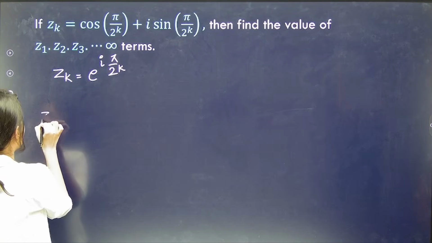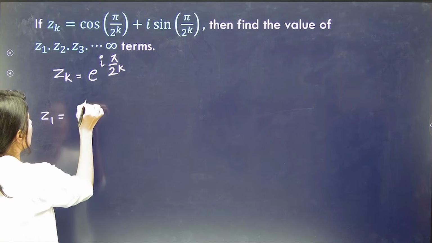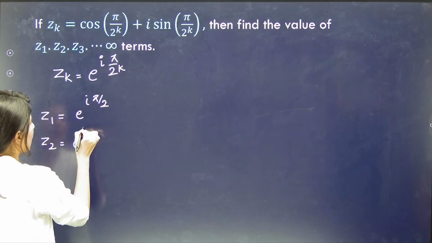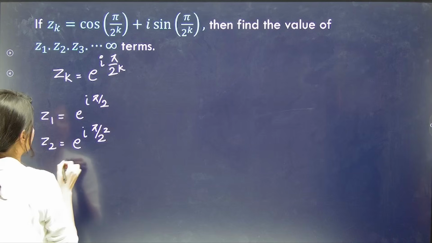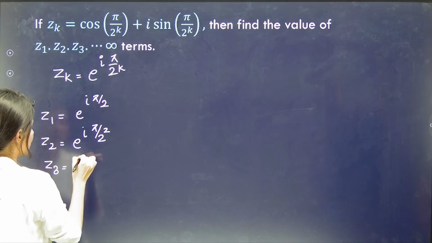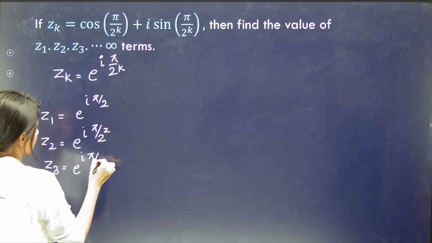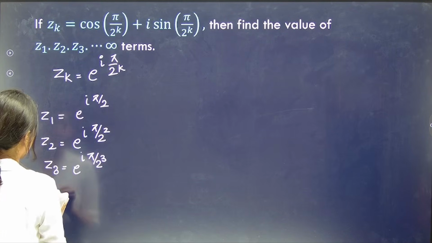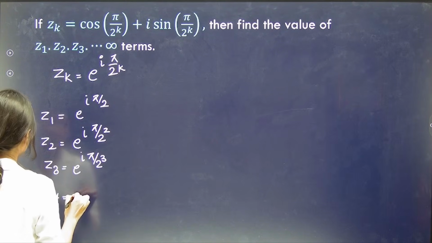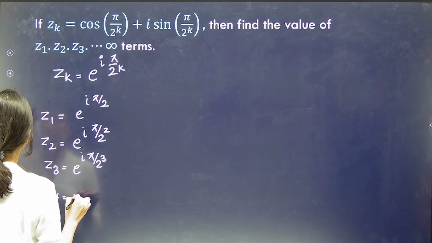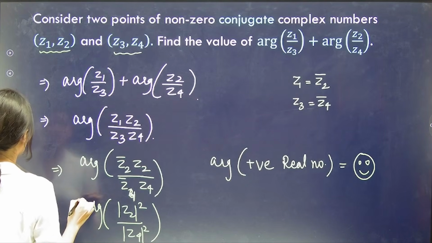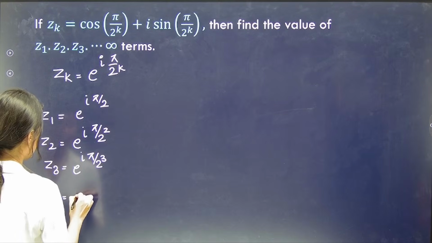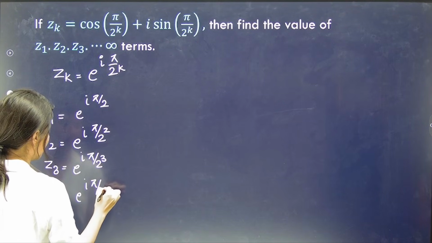So now just tell me, what is z1? So ma'am, z1 is e raised to power iota pi by 2. What is z2? Ma'am, e raised to power iota pi by 2 square. Z3, e raised to power iota pi by 2 cube. Z4, e raised to power iota pi by 2 power 4.